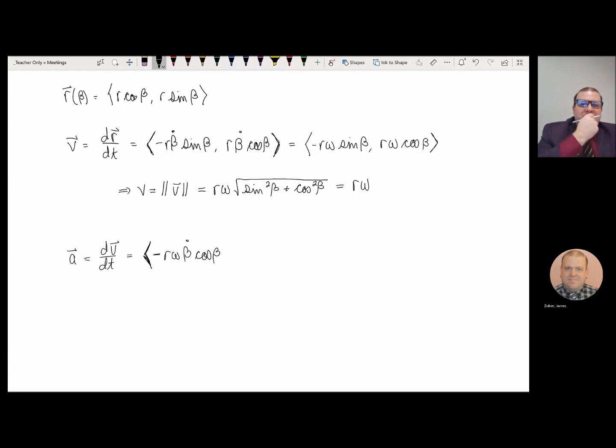Isn't that derivative of g times f? I took the derivative of the second function multiplied by the first. So plus, we have to take the derivative of the first function multiplied by the second. Derivative of r omega. Isn't that just r omega dot? Right, because r is a constant. And the second function was sine of beta.